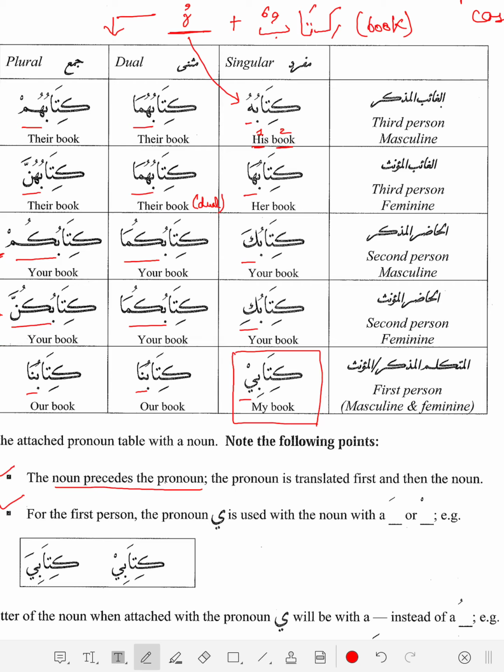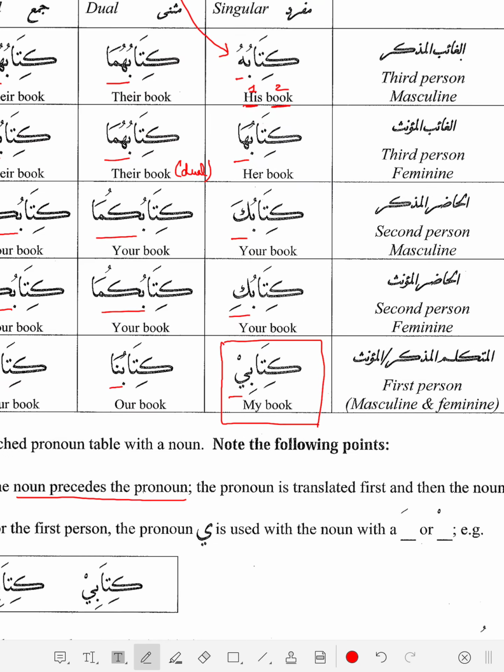Of course it cannot be kitabuyi, because it's two vowels continuous. So we have a kasra on the last letter of the noun instead of a single dhamma. So it becomes kitabi, my book.